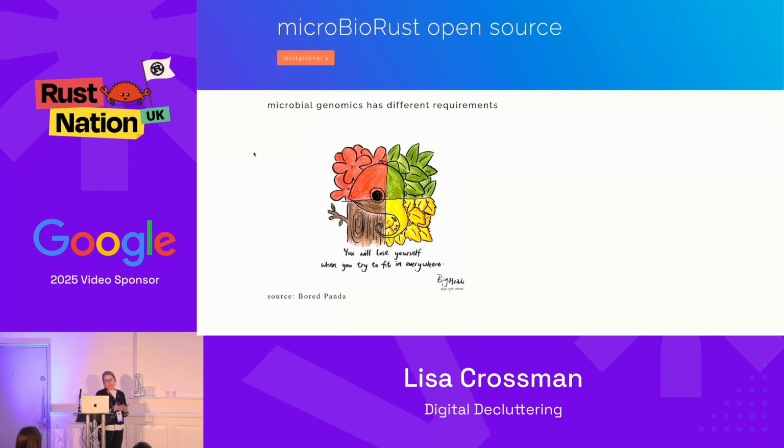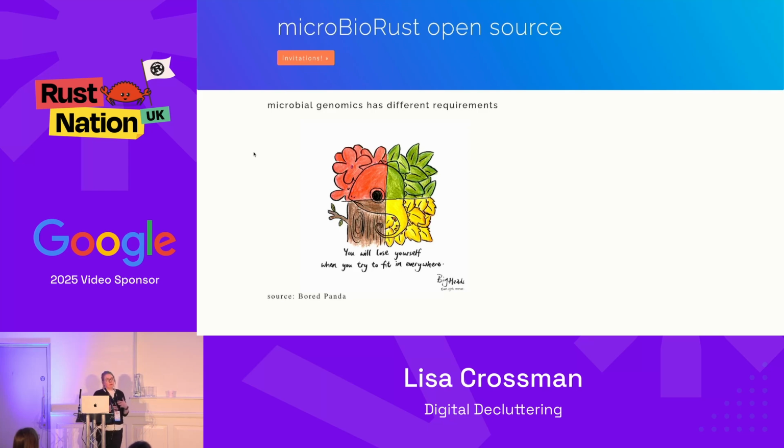So I put these into a crate, which I've called MicroBioRust. We do have Rust Bio, but I feel that microbial genomics has different requirements to human genomics and work on plants and so on.